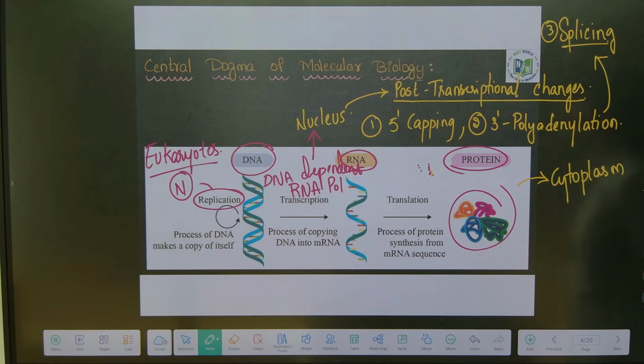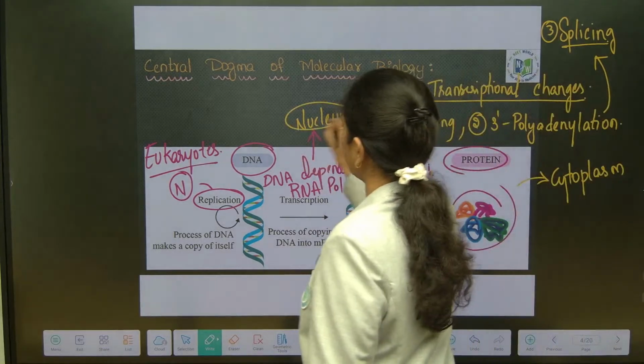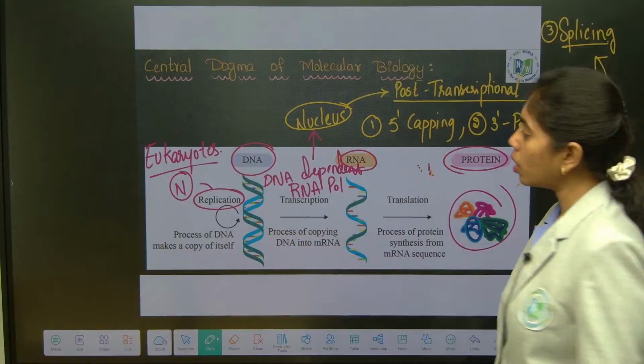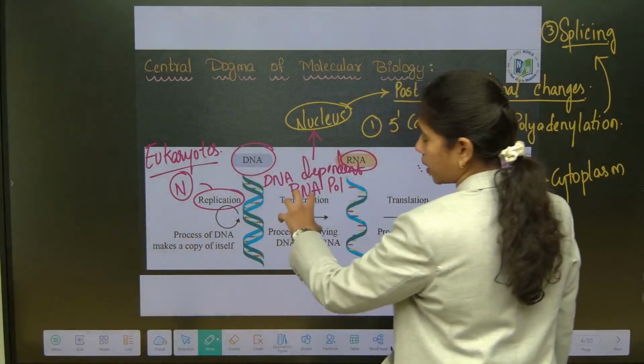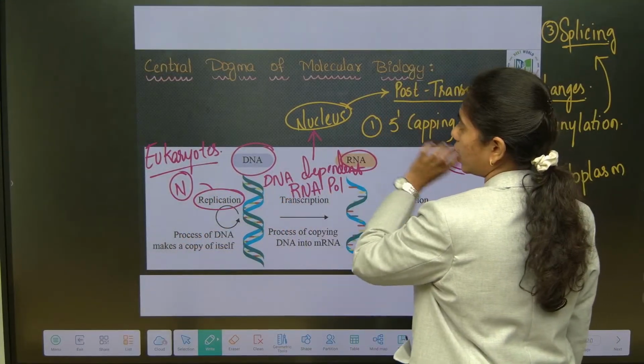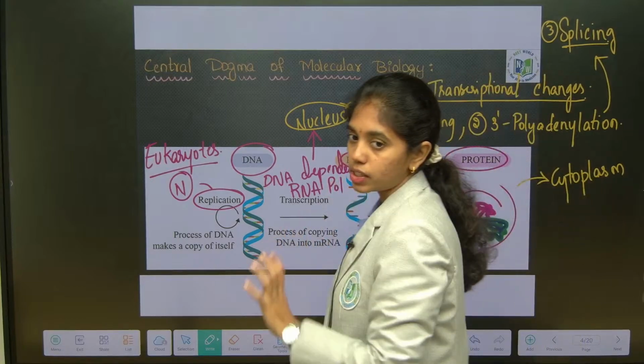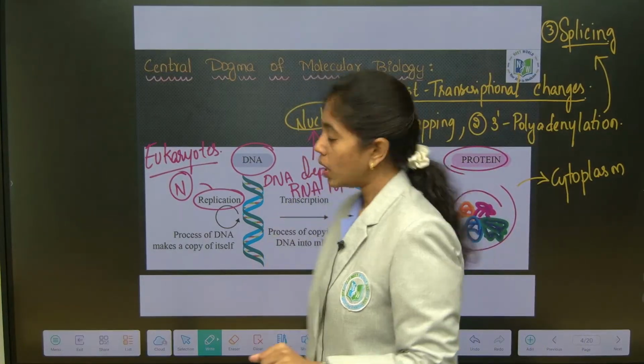These are the three post-transcriptional events. This also occurs inside where? Nucleus. So replication, transcription and post-transcriptional events occur inside the nucleus in a eukaryotic cell.